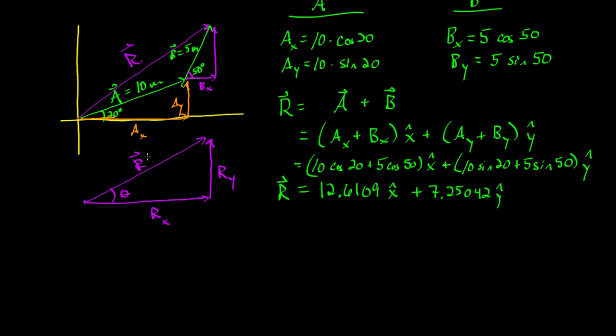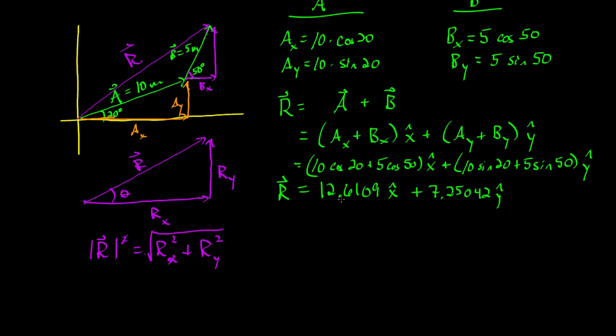So to get the magnitude of the vector, how long it is, that would be the Pythagorean theorem. And so we would see that the magnitude of r squared is equal to rx squared plus ry squared. And to get rid of the square, I would then take the square root.